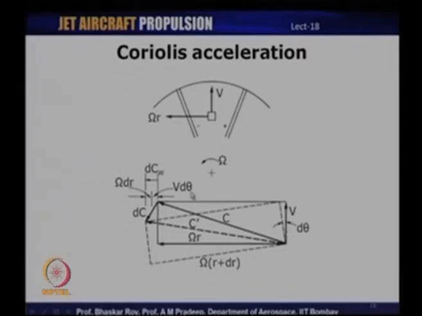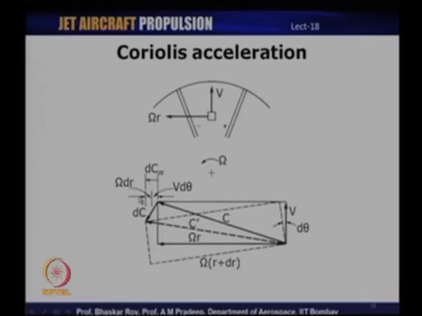After a certain instant of time, the velocity triangle gets distorted. There is a slight distortion in the velocity components, and therefore they are slightly different from what they were earlier. Here the dotted line represents the new velocity triangle, and what we see is that there is an additional velocity component as a result of this distortion, which is represented by this differential change in the absolute velocity, dc, and it has different components.